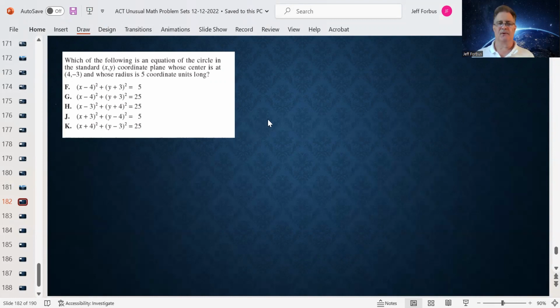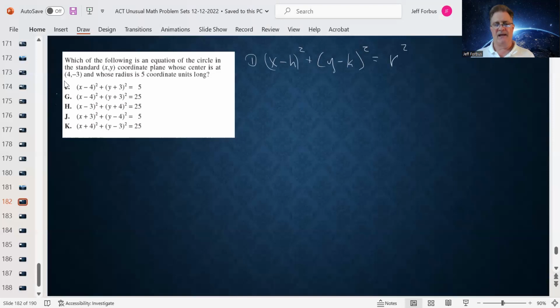The first thing that you really need to be aware of is the equation. Let me get my pen set up here. First thing, x minus h squared plus y minus k squared is equal to the radius squared.